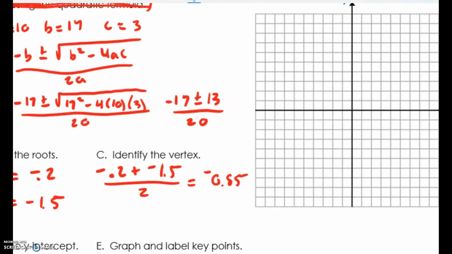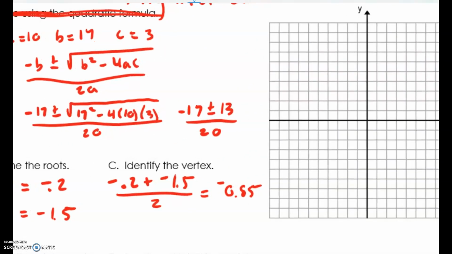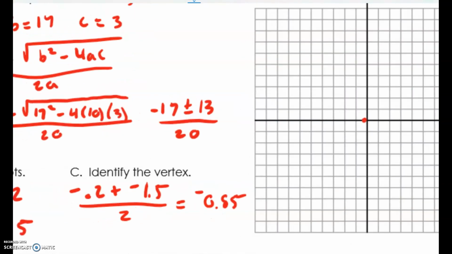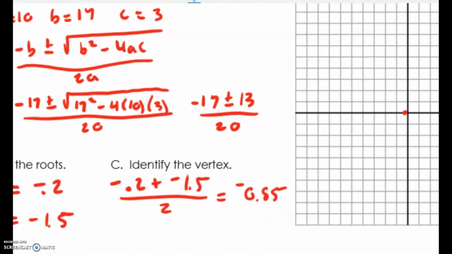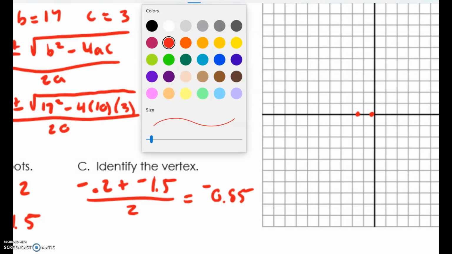This is the axis of symmetry, so I'm going to draw that in best I can. I'm also going to plot my roots. So 0.2 would be about right here, and then negative 1.5 would be about right here. And then negative 0.85 is my axis of symmetry.